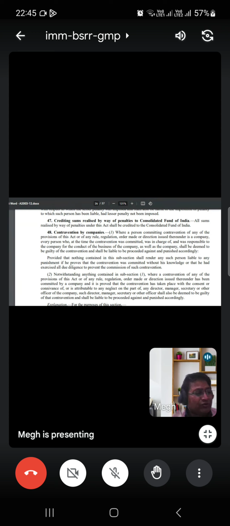Yeah. Now come to the next and very important issue, the differences between the MRTP Act and the Competition Act. On one side of the page you can write MRTP Act, on the other side the Competition Act. The first difference is on applicability. Under the MRTP Act, the MRTP Commission did not have any extraterritorial applicability.